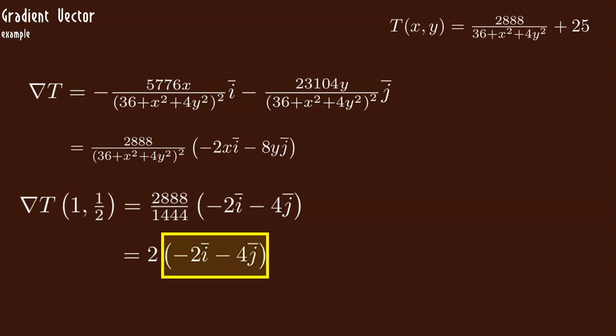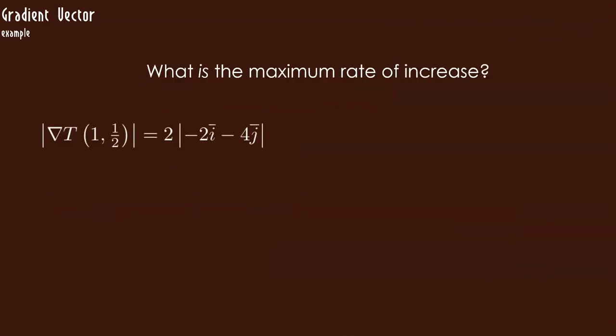And this is the part I want to focus on because that tells me that the direction of greatest change is negative 2, negative 4. What is the actual magnitude? Well, the magnitude of the gradient is 2 times the magnitude of negative 2i minus 4j, but i and j are both unit vectors, so the length of that would be 2 times the square root of negative 2 squared plus negative 4 squared. Simplified, I get 4 times the square root of 5.